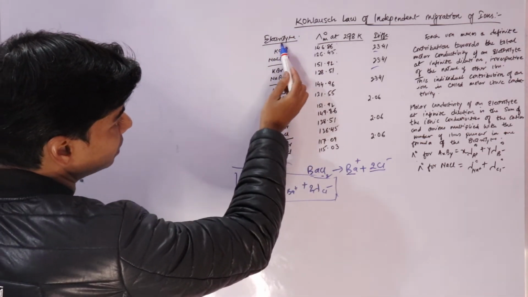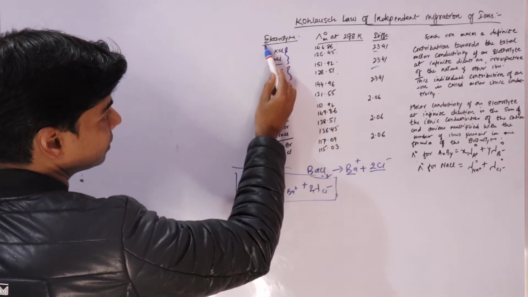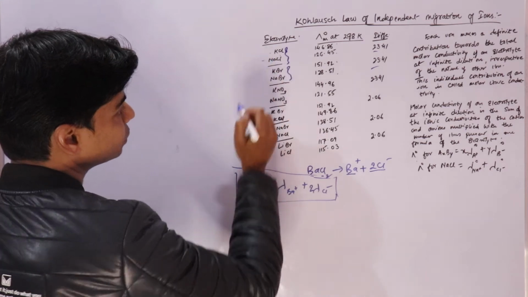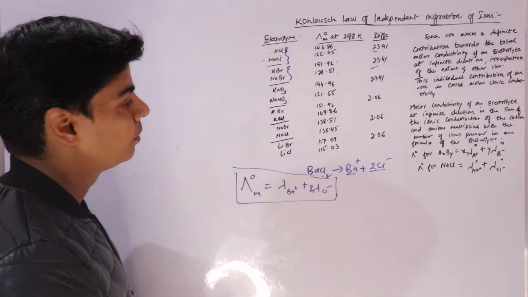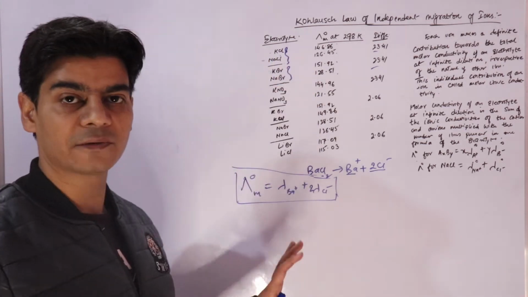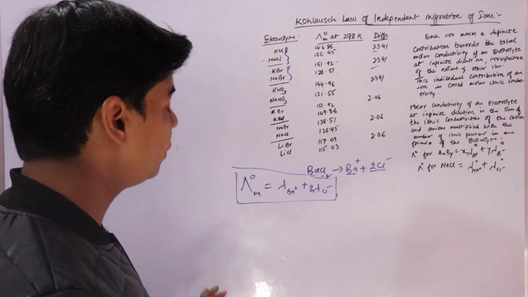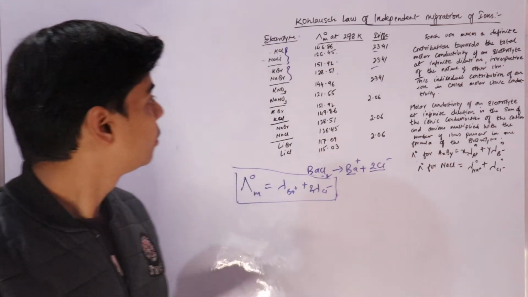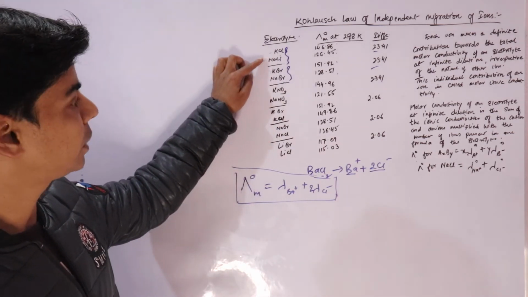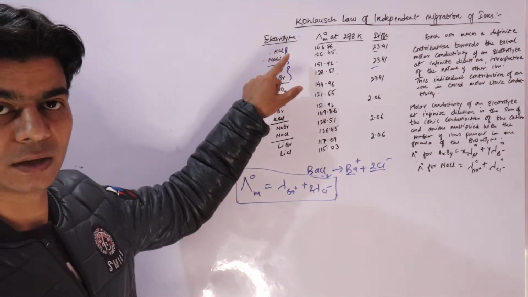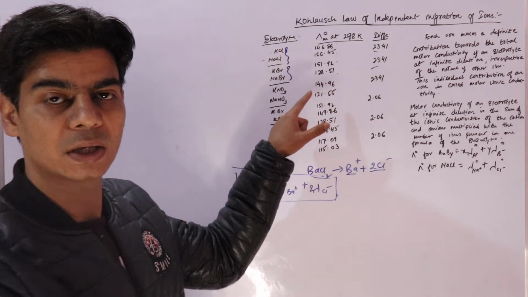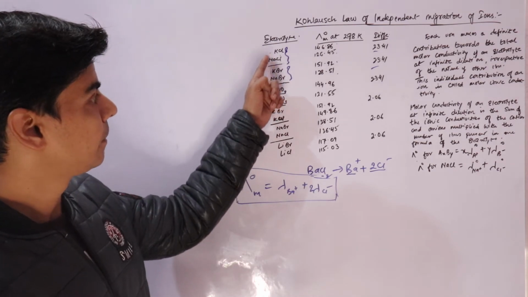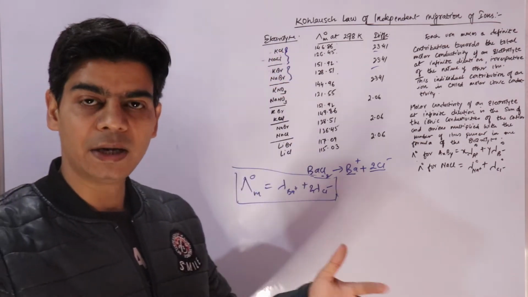So in a way, this difference is the difference in the ionic conductivities of potassium ions and sodium ions in both cases. Bromide ions or chloride ions don't affect it. So it means that the ionic conductivity of sodium ion and potassium ion doesn't depend upon the chloride ion. These ions are independent of one another.